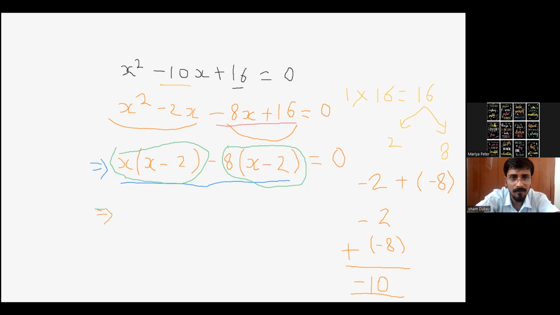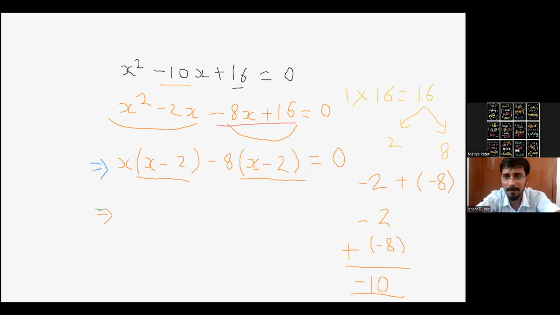No idea? Okay. If you look, within parenthesis x minus 2, and here also within parenthesis x minus 2. Yes or no? So what is actually common? Within parenthesis, that is x minus 2. That is actually common.